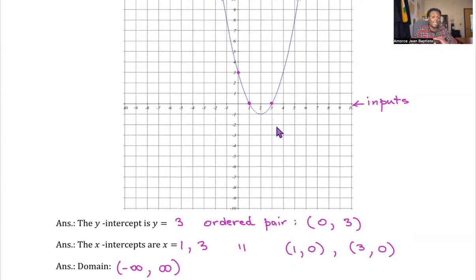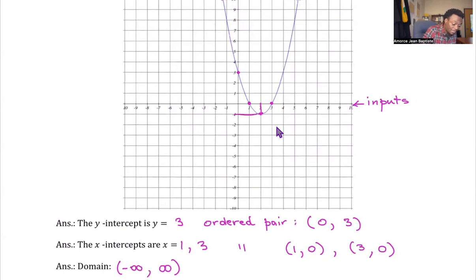When you get to y equals -1, there will be an x for it, right? There's a point here, so the x will be 2, and so on.